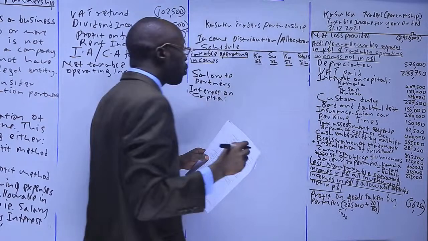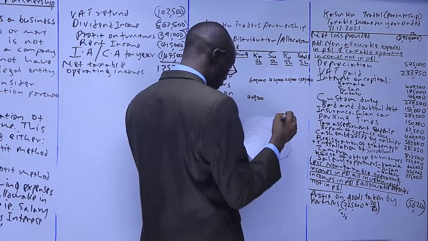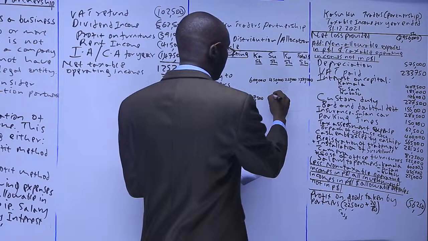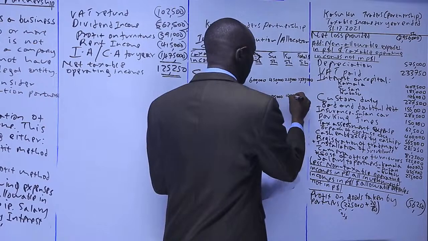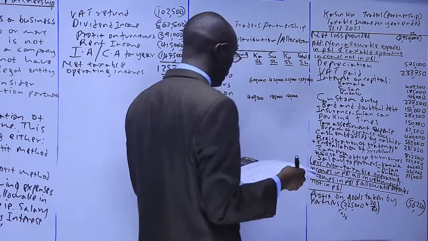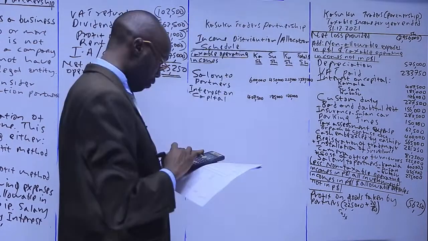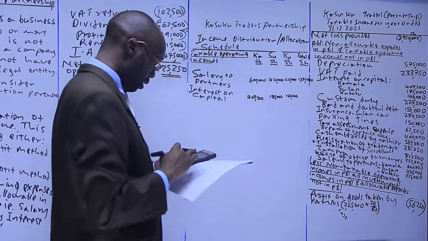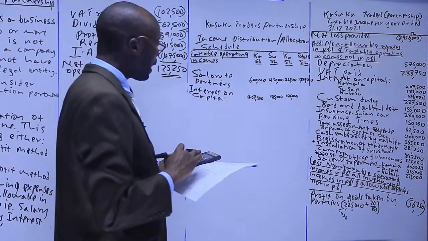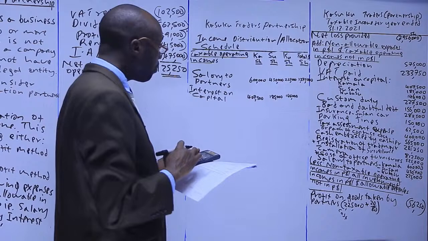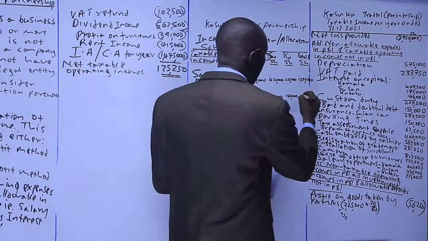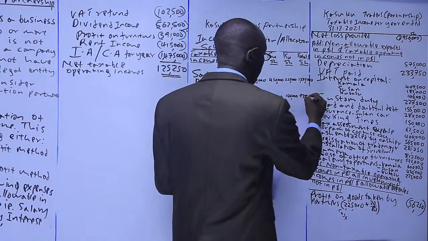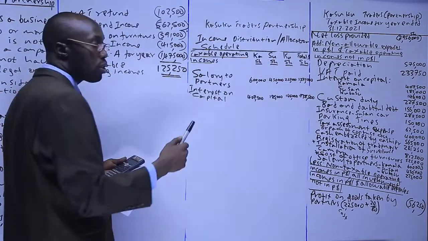So we had said $500 plus 185 plus 146, which give us 738,500. Then the other one that we had here was the commission or bonus to partner.